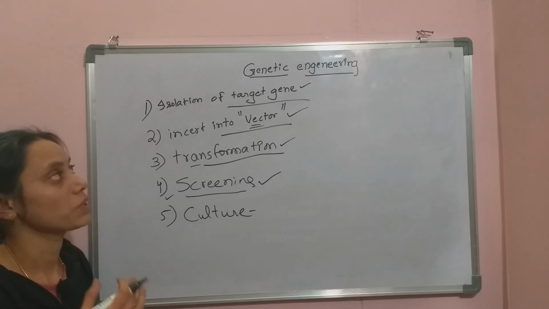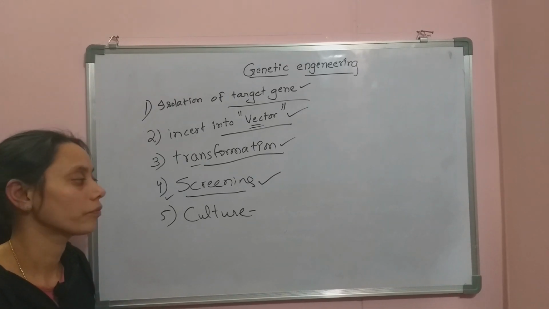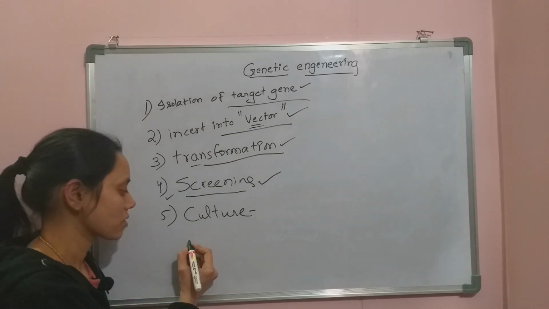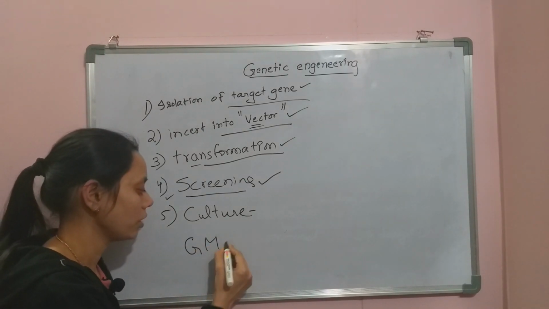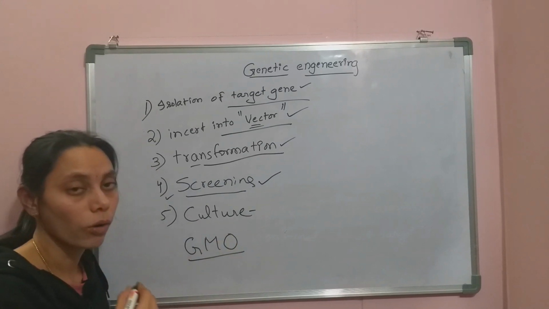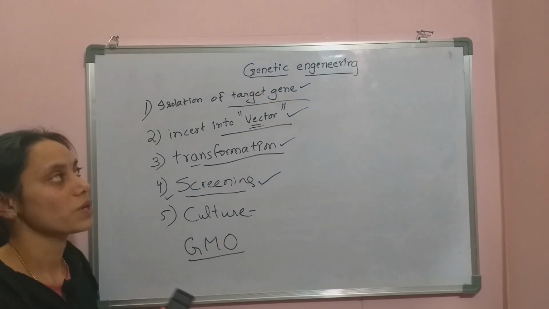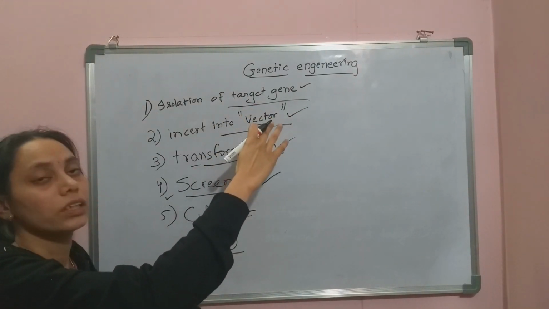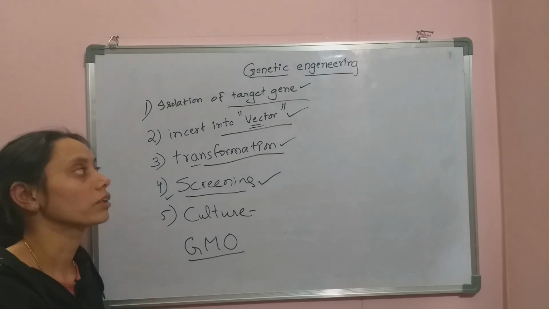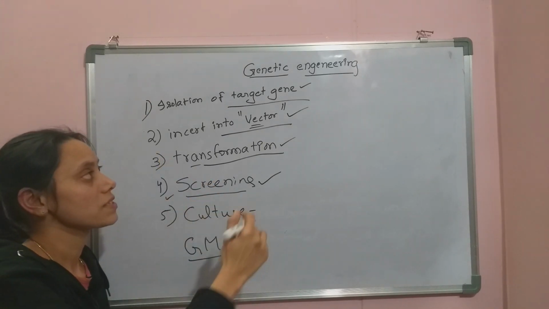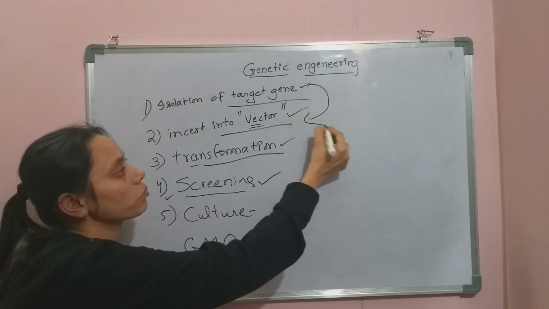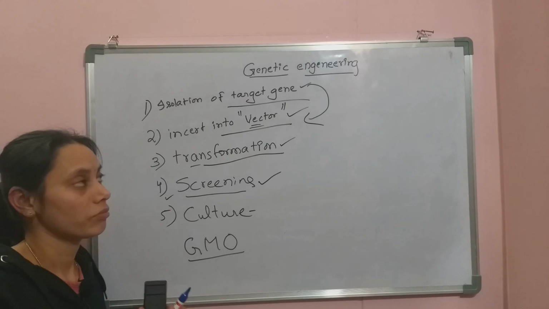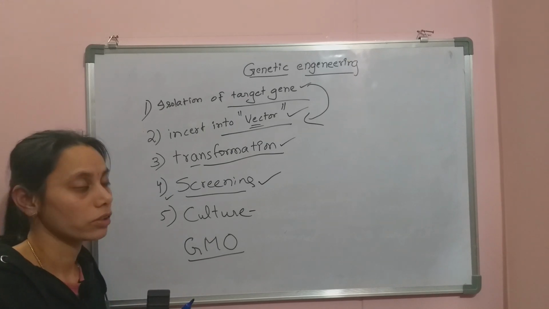So that is the basic idea of genetic engineering. The final product is called a GMO, genetically modified organism or recombinant organism. Here we isolate the target gene which has a beneficial character, and this target gene is introduced into a suitable vector which is able to stably maintain the target gene and amplify it.